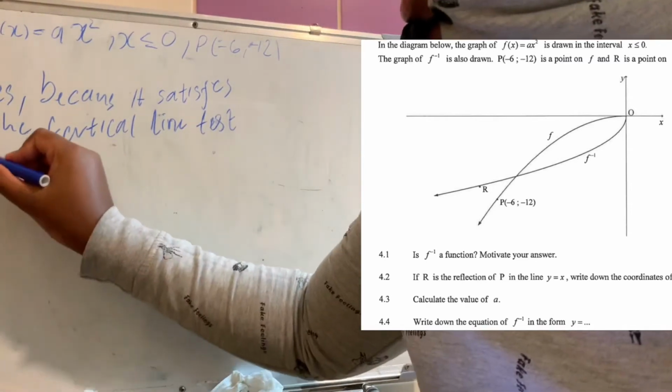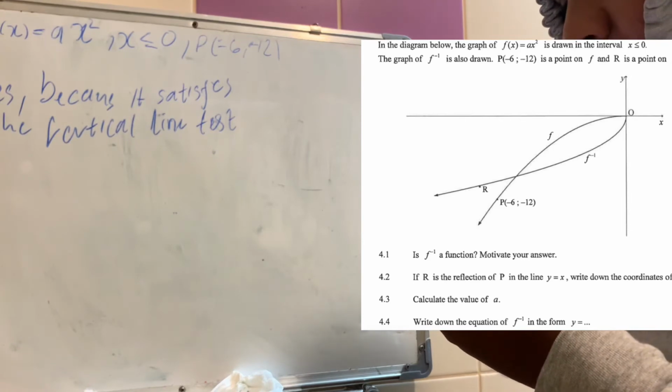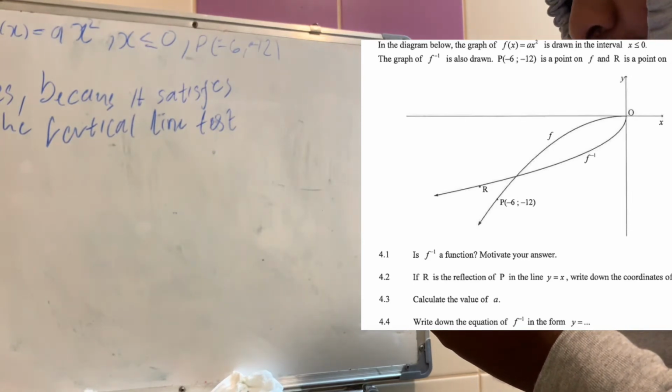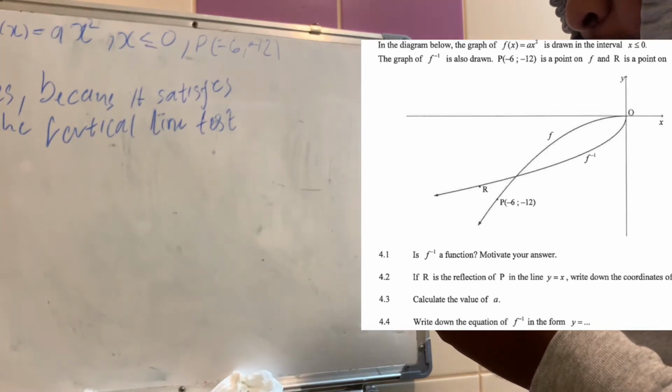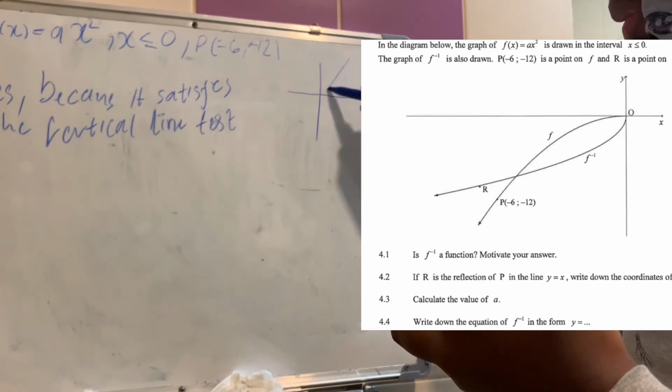Now your number 2. Number 2: if R is a reflection of P in the line where y is equal to x, I know the line y is equal to x will pass through this point.